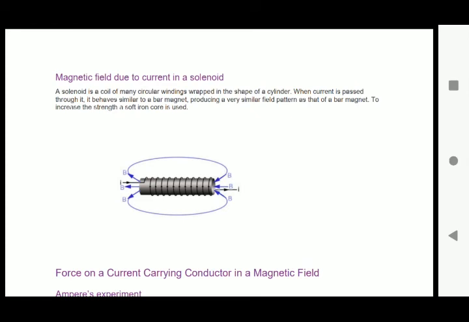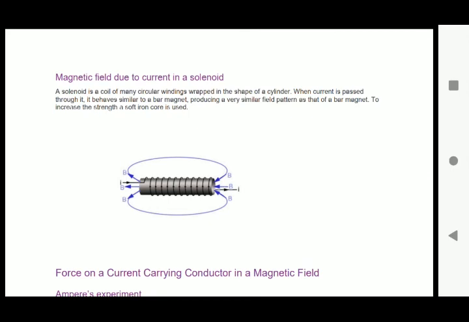The strength of magnetic field produced by a current carrying solenoid depends upon the following factors. First one, the number of turns in the solenoid. Larger the number of turns in the solenoid, greater will be the magnetism produced. Which means if you increase the number of turns in the solenoid, you can increase the intensity of the magnetic field.